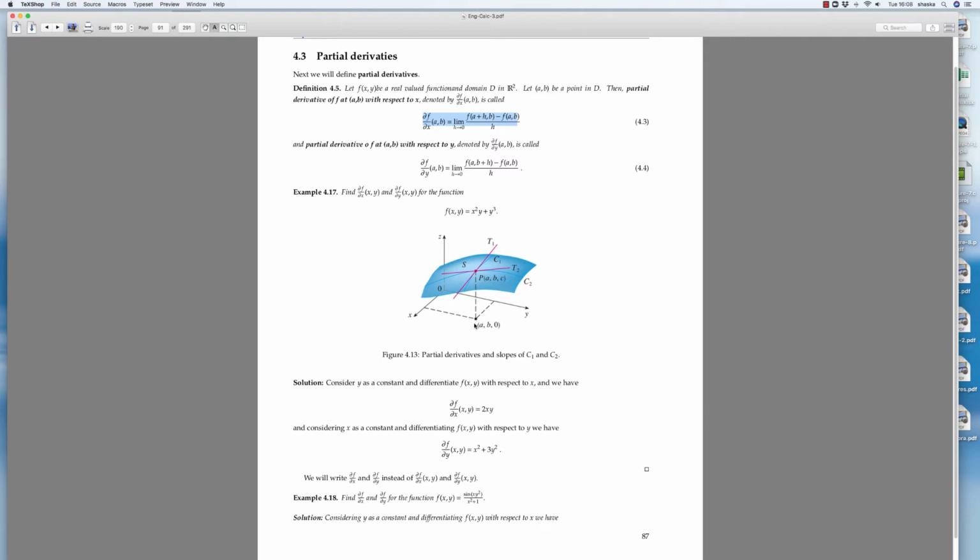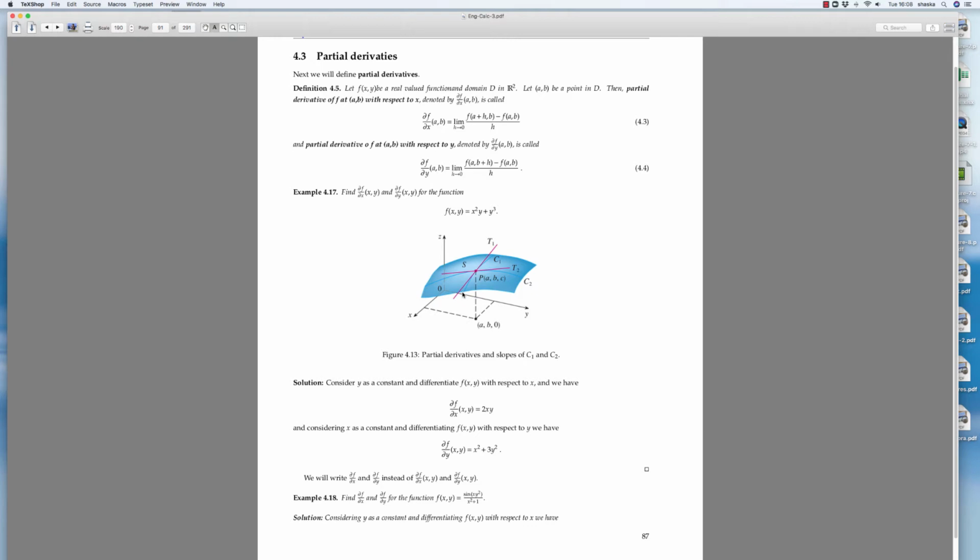When y is a constant, that corresponds to a cross-section of the surface along the y-axis. And the partial derivative is the slope of that tangent along that cross-section, because now the whole thing is considered a function in x.